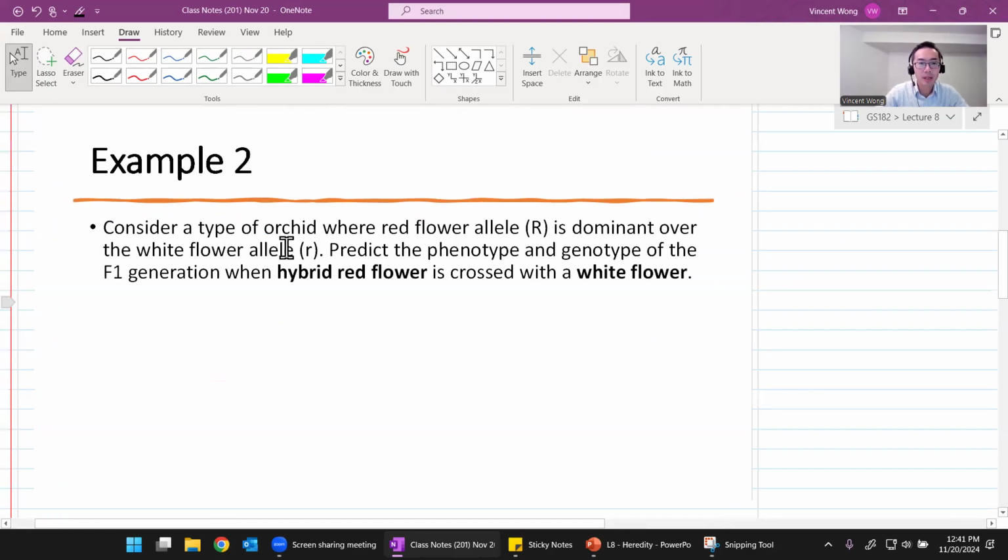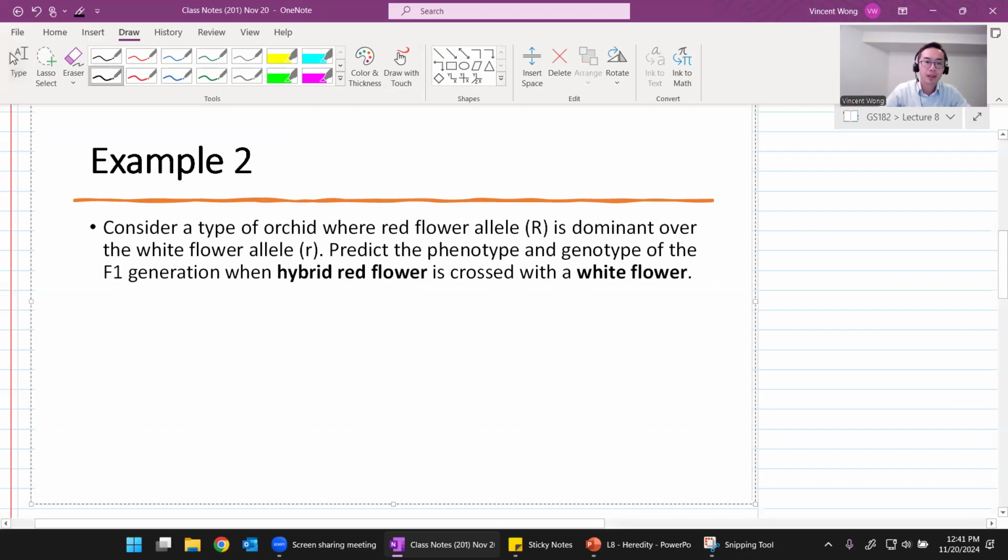Moving on. Consider a type of orchid where red flower allele big R is dominant over the white one. And then I gave you the letter this time. Predict the phenotype and genotype of F1 generation when hybrid red is crossed with white. So I already gave you the alleles, so you don't have to create your own.